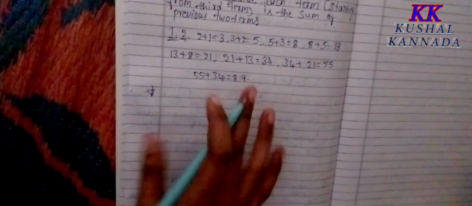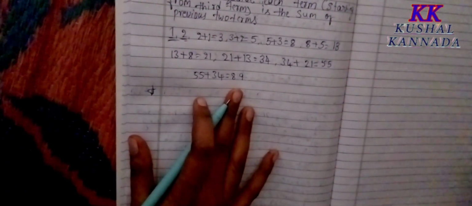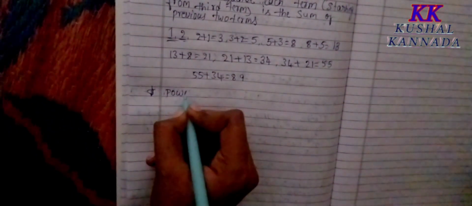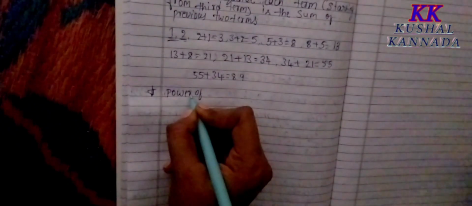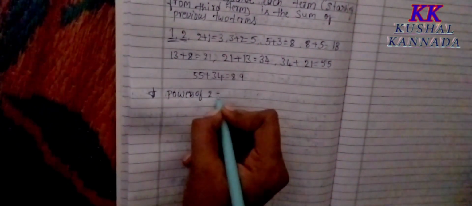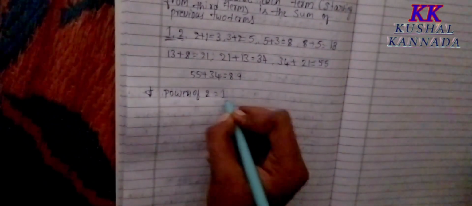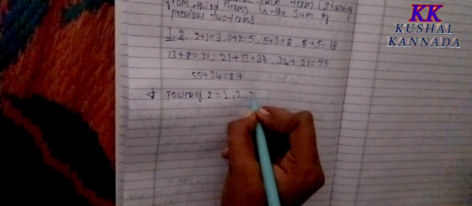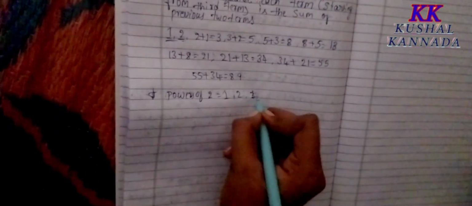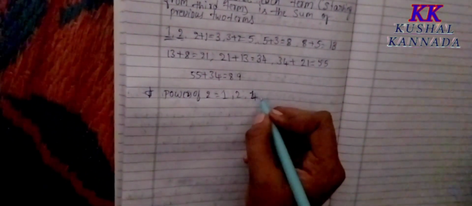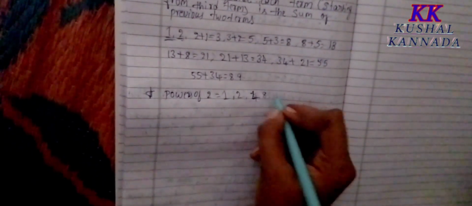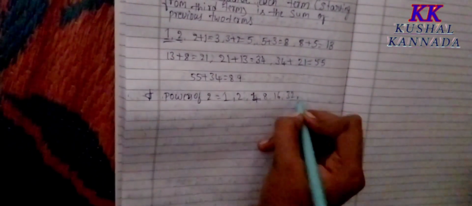Next, powers of 2. 1, 2, 4, 8, 16, 32, 64.